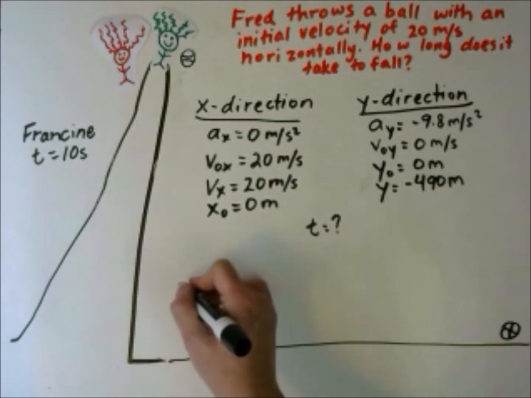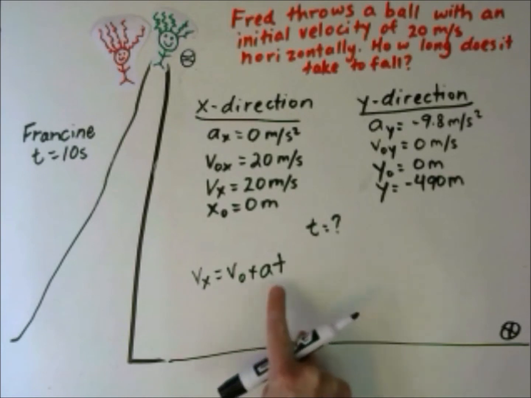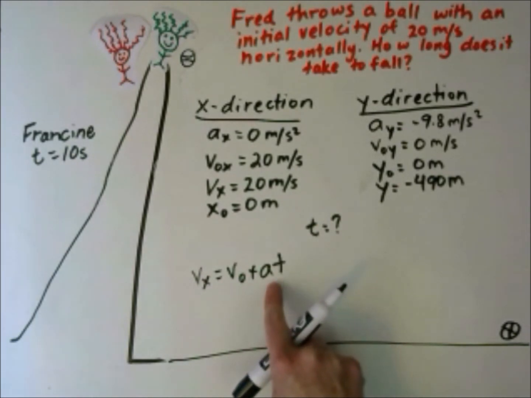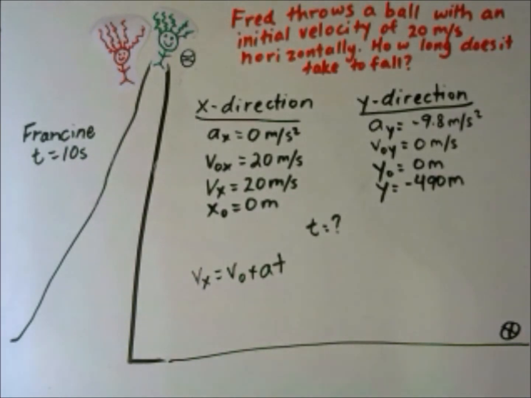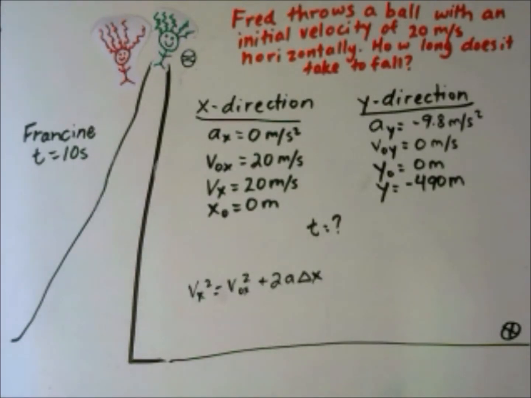If we use the first equation, we'll find that this is 20 meters per second, this is 20 meters per second, and this is 0. So because acceleration is 0, we won't be able to use the first equation. If we look at the second equation in the x direction, we don't know the final position, and we don't know time, so this equation won't work either. Our third equation in the x direction will give us 20 squared equals 20 squared plus 0. Again, we won't be able to solve for time using this equation.